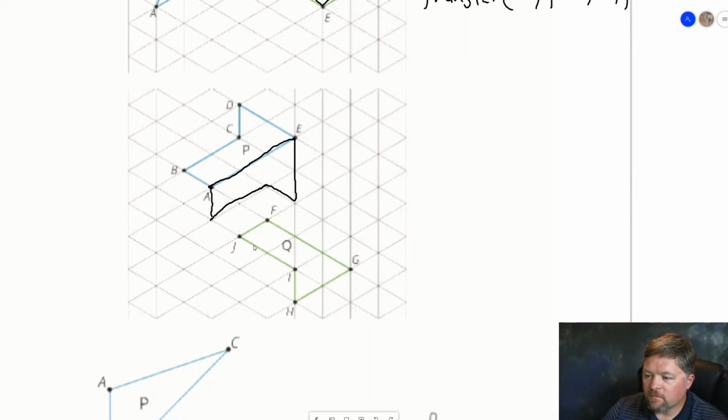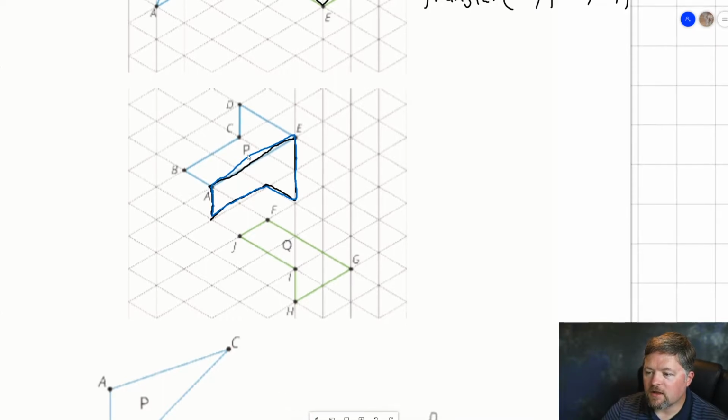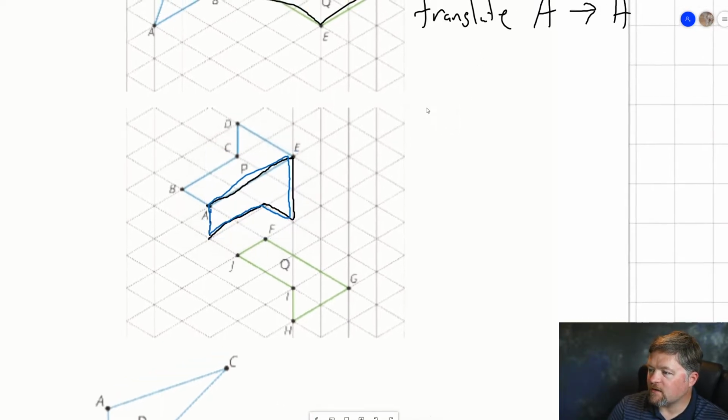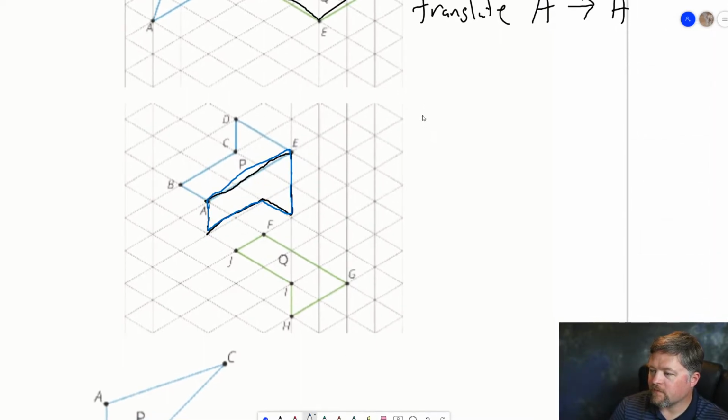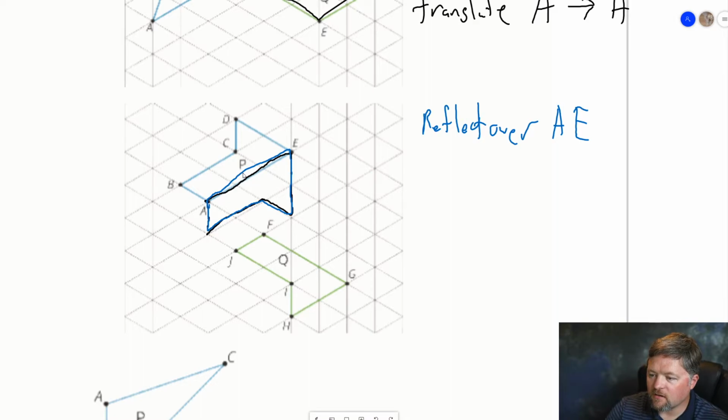Then let me just trace it again in another color. So the first thing I did was I took that figure and I reflected it. I'll even write it down. We reflected it over the line AE. That gave us this new figure here.